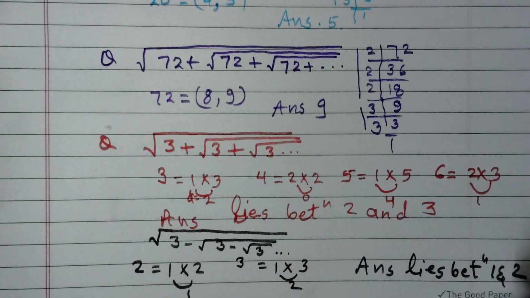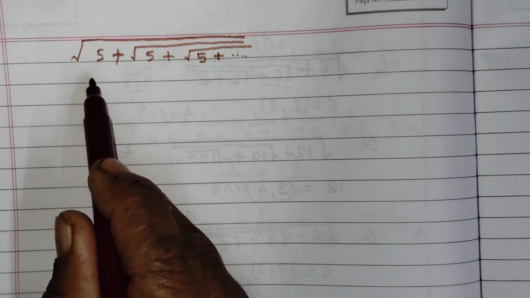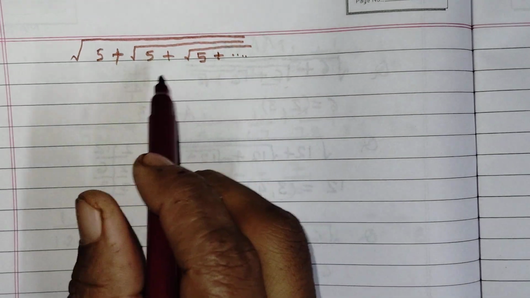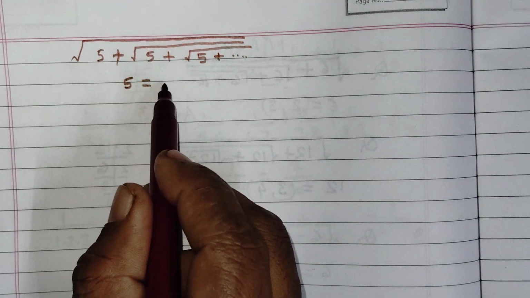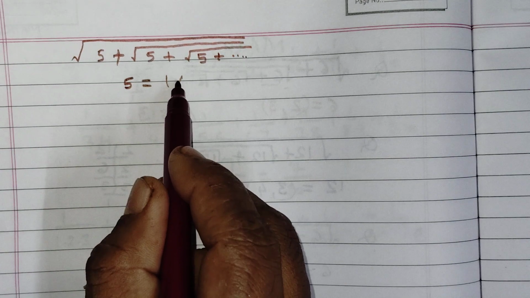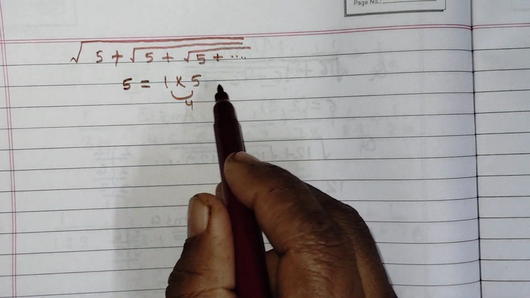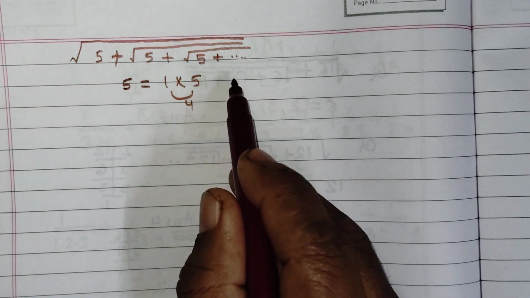Next example we are taking square root 5 plus square root 5 plus square root 5 plus and so on. In this question the factors of 5 are 1 and 5. 1 times 5 has difference 4, so this number is neglected because we need difference 1. So the consecutive number of 5 is 6.